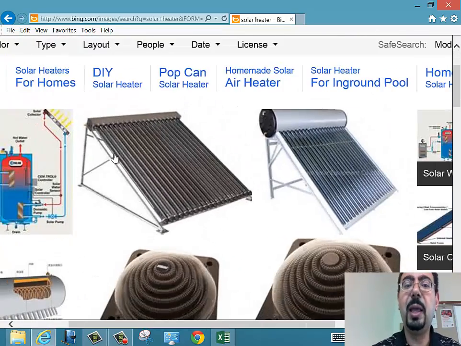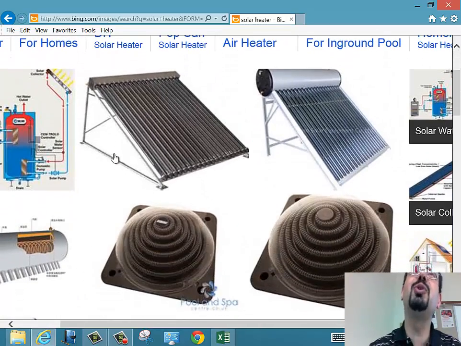So it's a black surface with a bunch of pipes going through, and it is basically getting all the solar radiation, getting hot, heating the water, so then the water goes into your house hot, right?